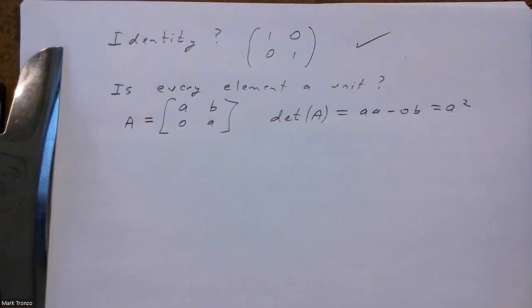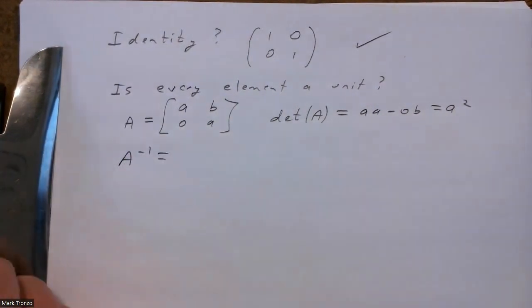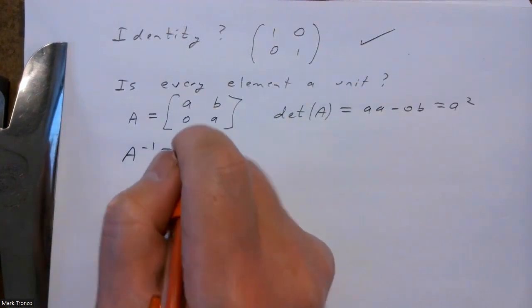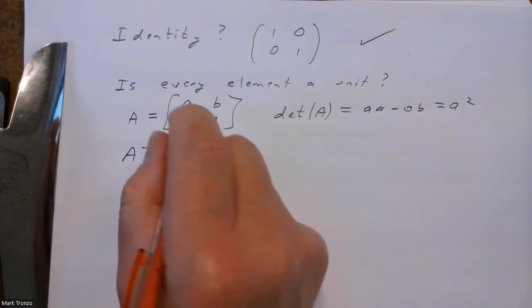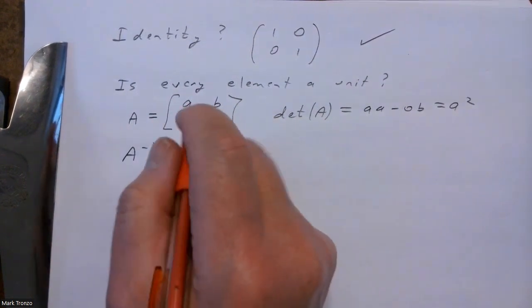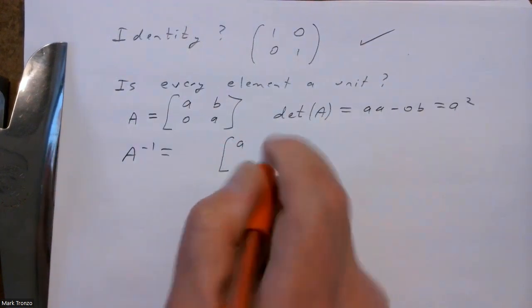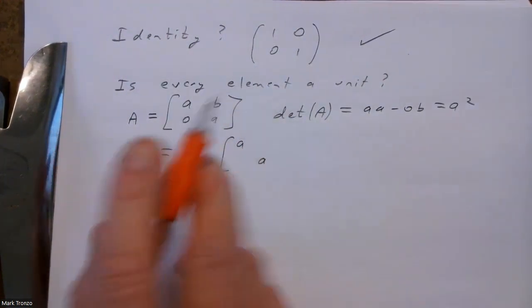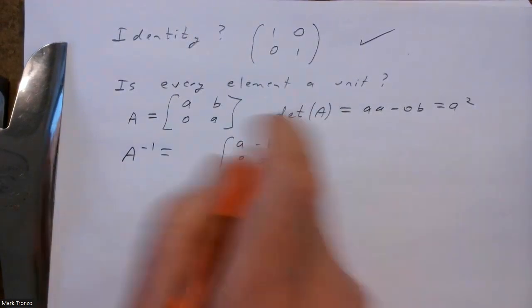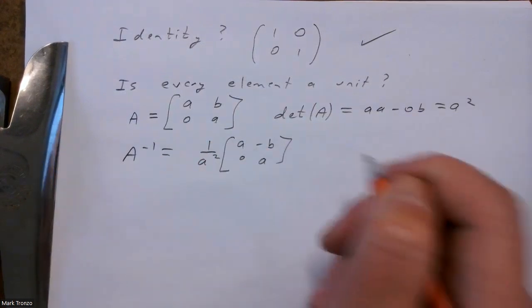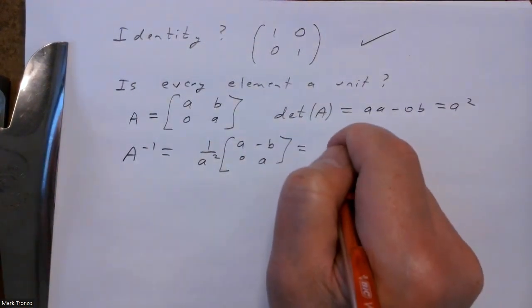And the inverse of A is going to be, remember, we switch these two and change the sign on these two, and then multiply by 1 over the determinant.